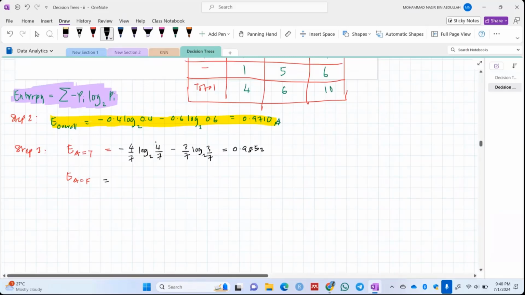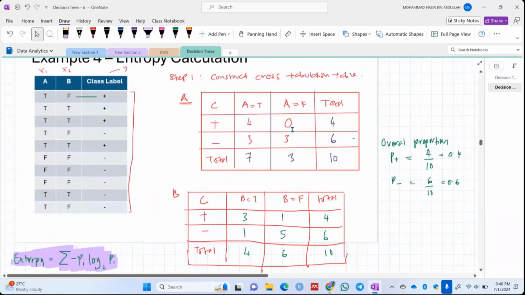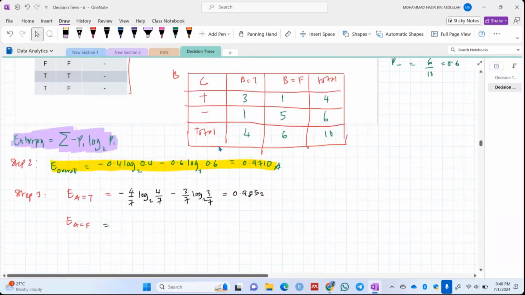Another one, A equal to false, we have 3: positive 0, negative 3. So negative 0 over 3 log 0 over 3 base 2 minus 3 over 3 log 3 over 3 base 2. This is going to be 0. So that is entropy for A equal to true, A equal to false.